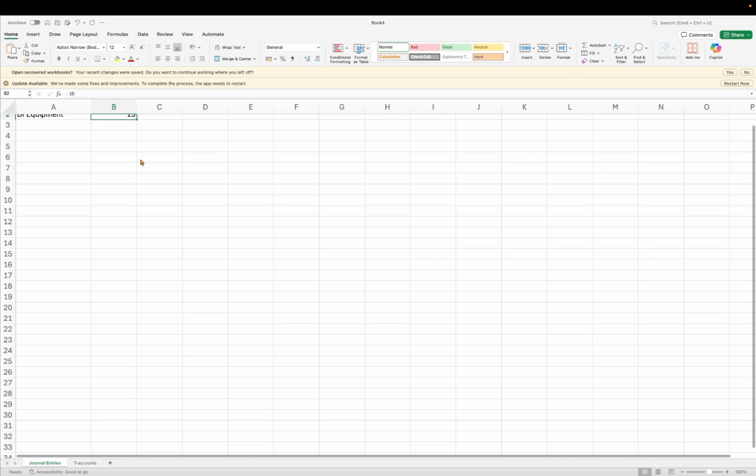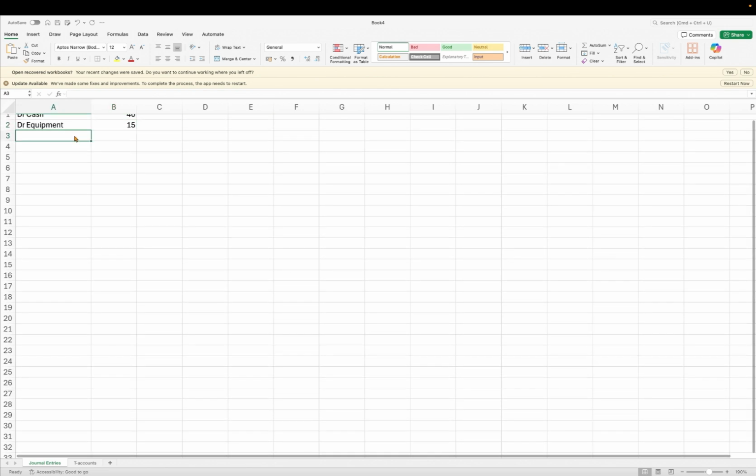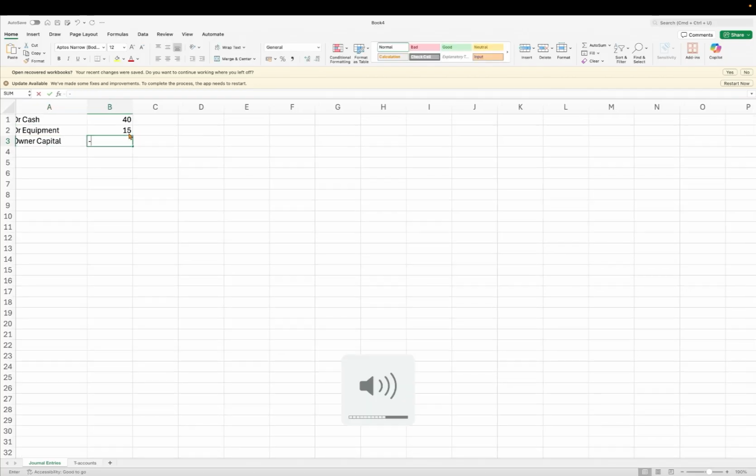Now I'll calculate the total value of the assets contributed by the owner. Here we have 40 plus 15, we've got 55.